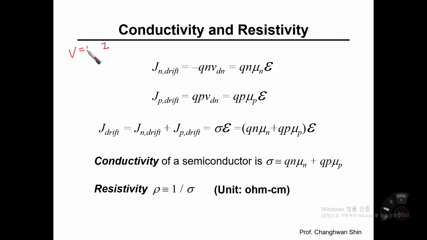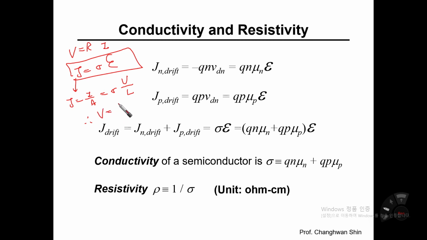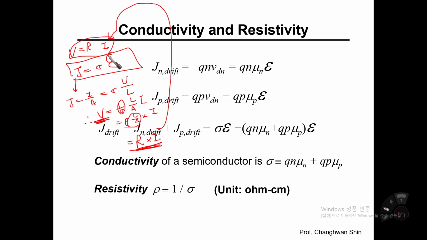Okay, so now from this equation, J was I over A, and sigma E is V over L. Therefore, V is equal to 1 over sigma times L over A times I, and that is replaced by resistivity times L over A times I, and all of these together are resistance times I. So V, voltage, is equal to what? Resistance times current. V is IR. Yeah, there we go. So J equals sigma E is another form of Ohm's law.